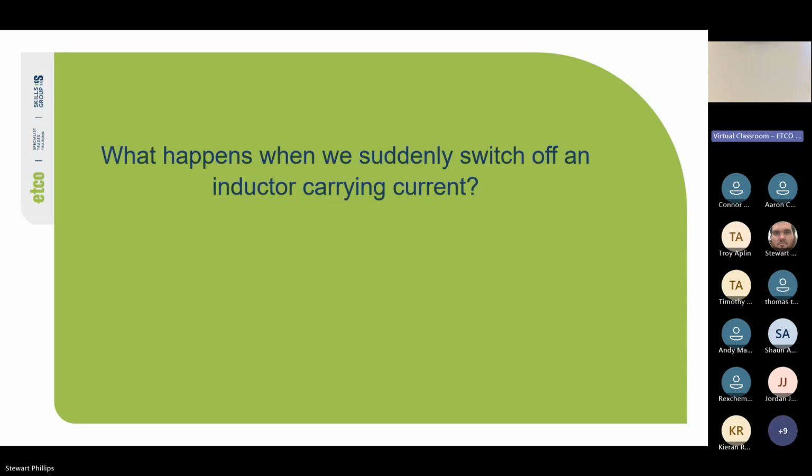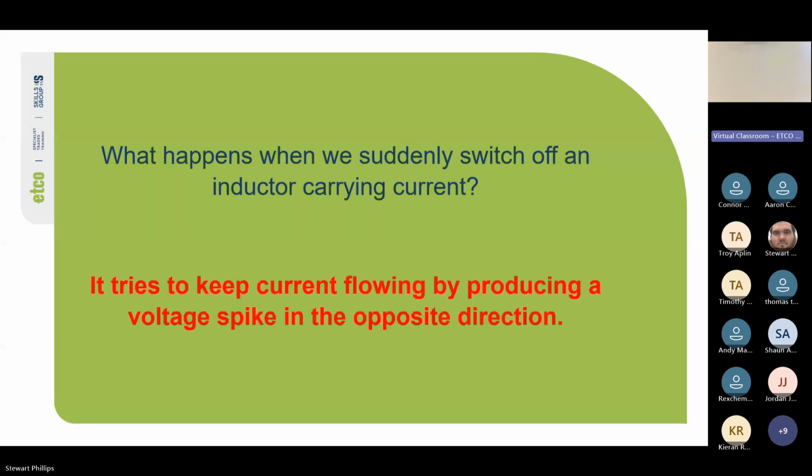Yeah, we'd have the field collapse and we'd have an inductive kickback. It tries to keep the current flowing by producing a voltage spike in the opposite direction, also known as the inductive kickback. Cool. This is why relay coils and solenoids often have diodes fitted across them to safely absorb that back voltage and protect other components.